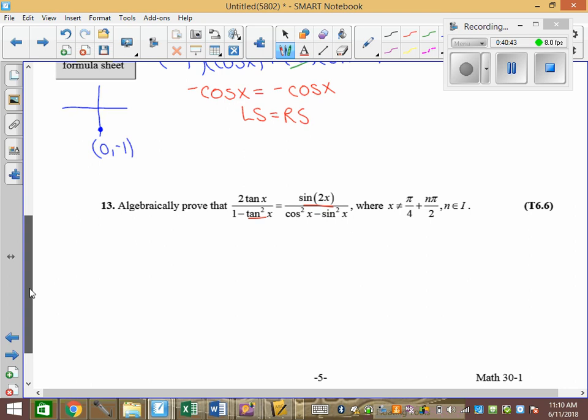I'm just going to swap this out. So I'm going to go 2 tan x over 1 minus sine squared x over cos squared x. I'm only doing this because I want to get a sine squared x and cos squared x on the bottom. Equals 2 sine x cos x, because that's what sine 2x is, over cos squared x minus sine squared x.